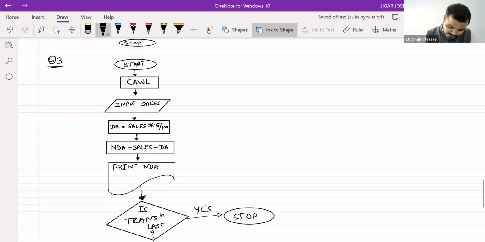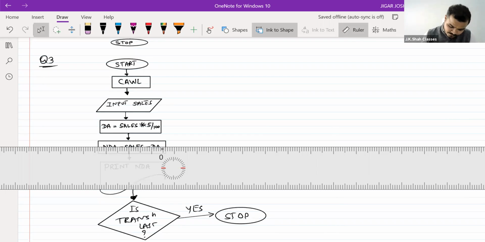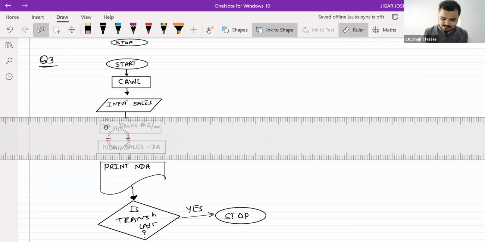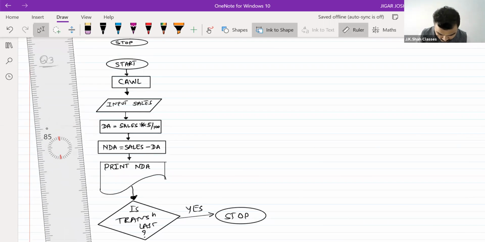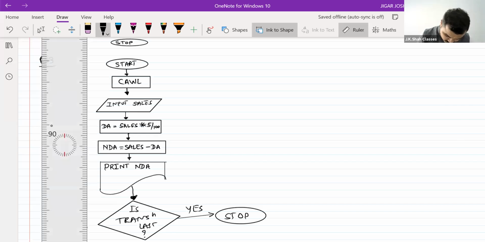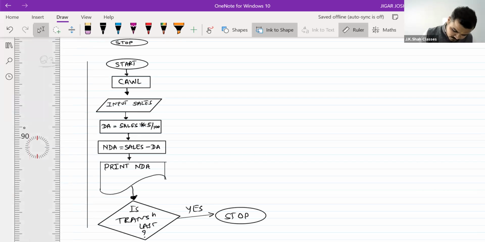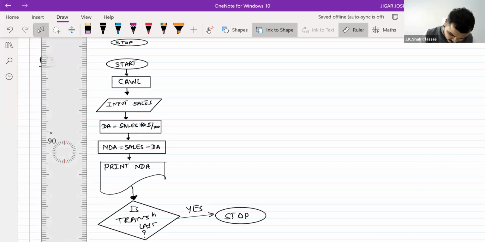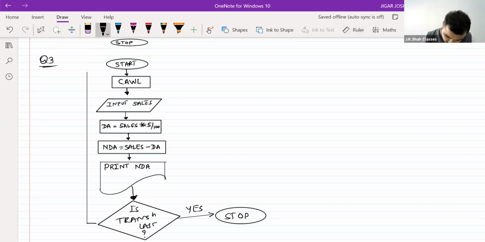And if no, then the arrow will go here. Understood?